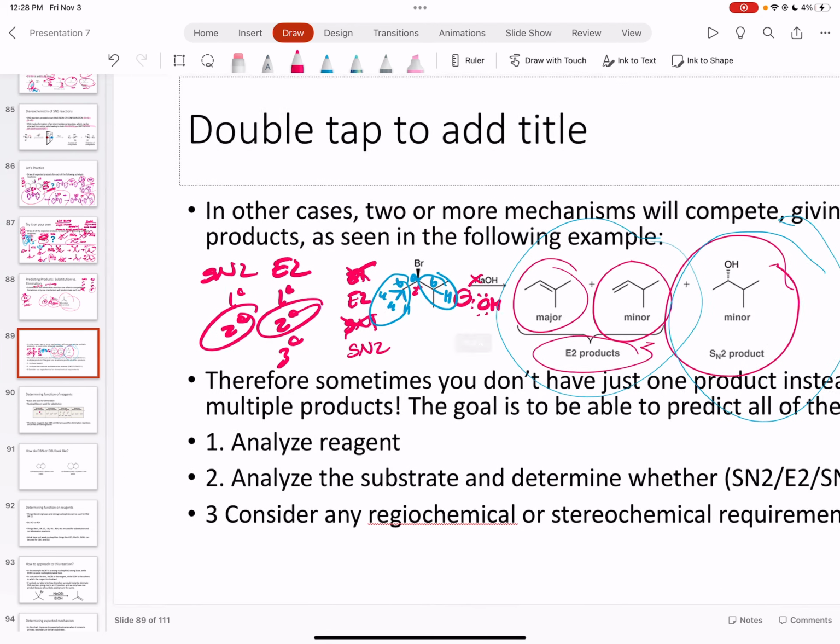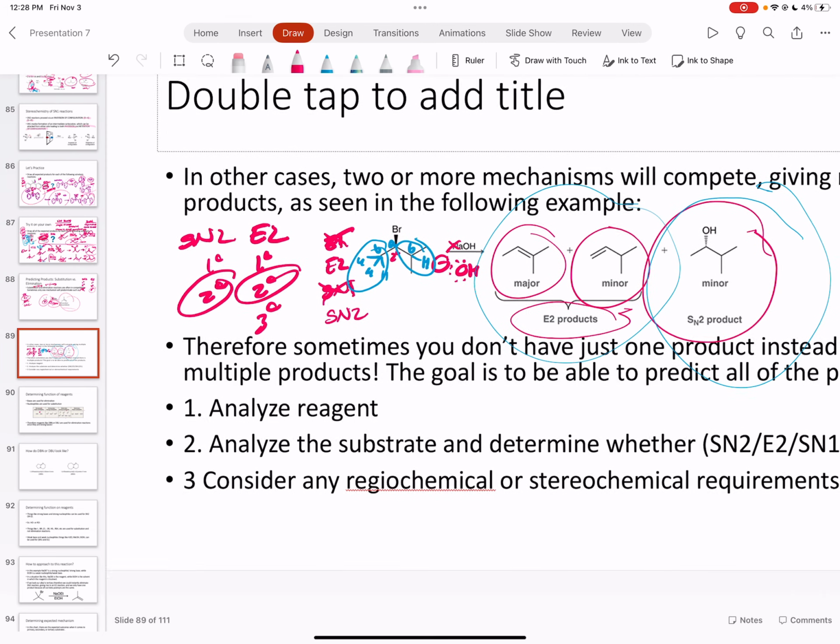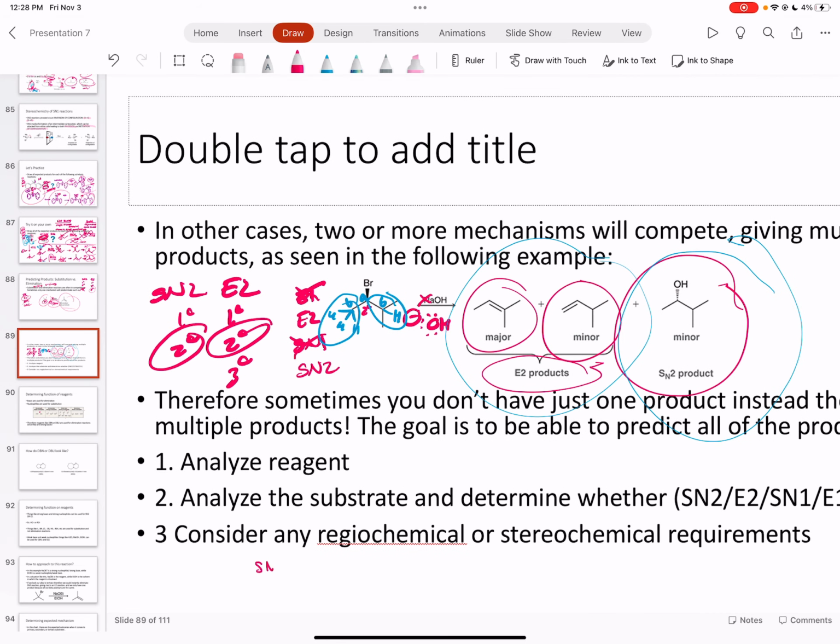Again, SN2, the rate for SN2 goes like this. By rate I mean how fast it's going to be. So this one's fast, and this one is slow.